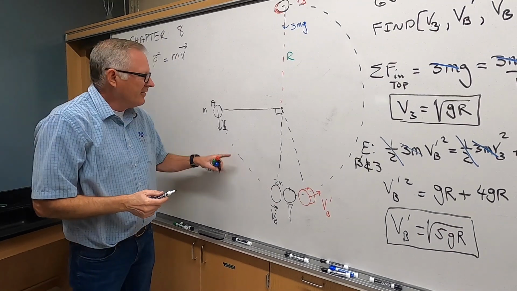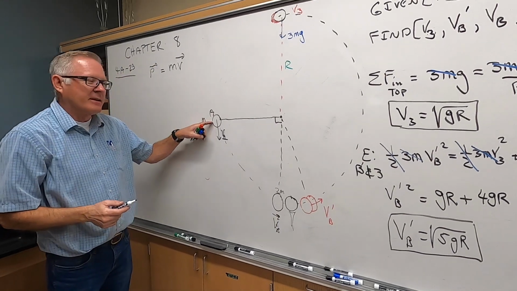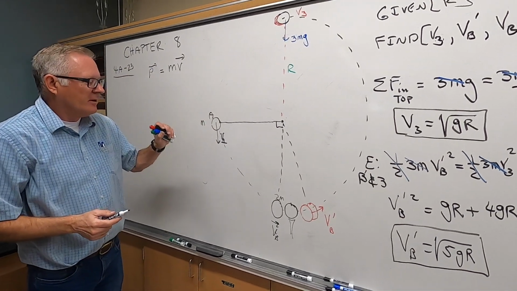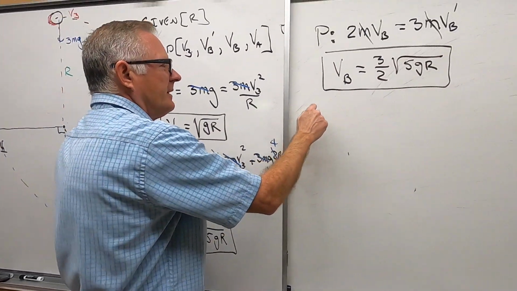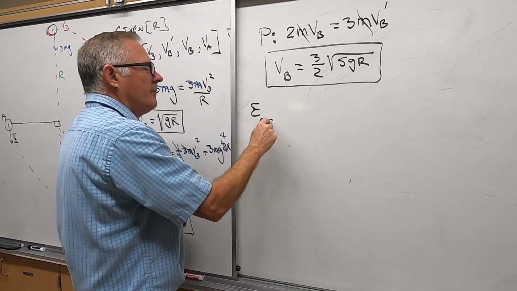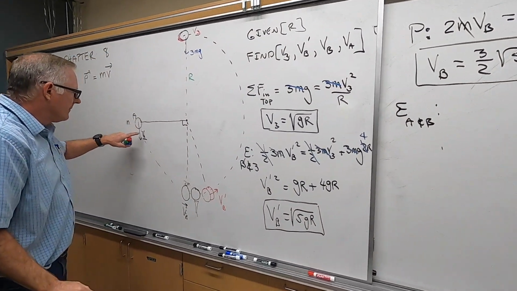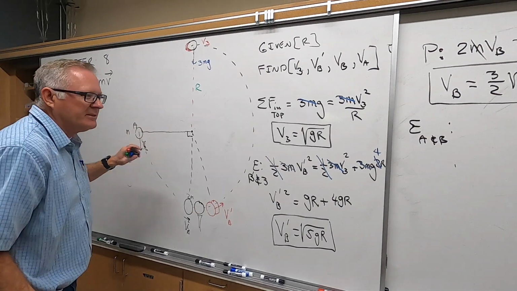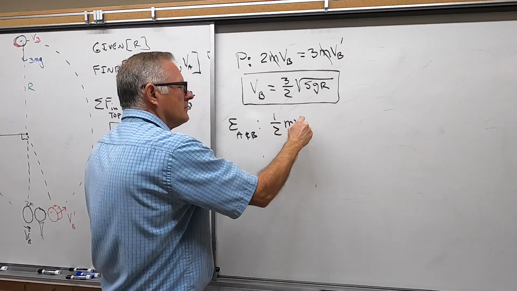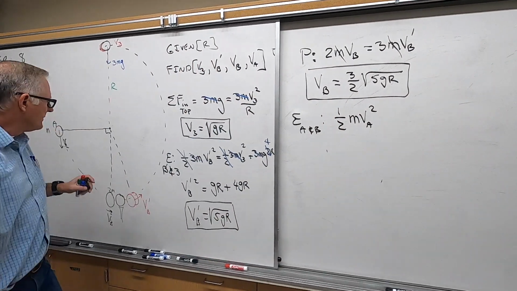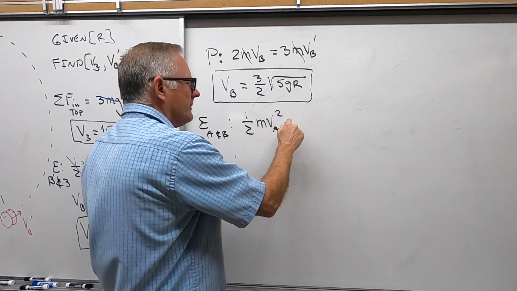We're going to look at energy again right here. All of the kinetic right there must be kinetic and potential right there. So we'll look at the energy from A and B. At A, we've got kinetic, 1/2 mVA squared, plus potential, we're a height R above the ground, mgR.